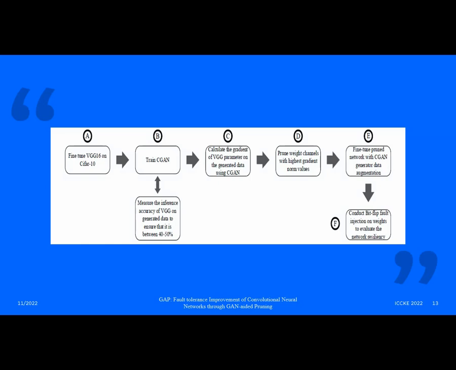In the first stage, we fine-tune the VGG network on the CIFAR-10 dataset, and then train the CGAN while monitoring the generator's synthesized data with the same VGG network to make sure that the quality of data is in a proper range, not too good or too low in quality. Then we calculate the gradient of the VGG parameters on generated data, and after sorting the parameters according to their norms, we eliminate all the parameters with higher norms, and then we fine-tune the network on synthesized and training data.